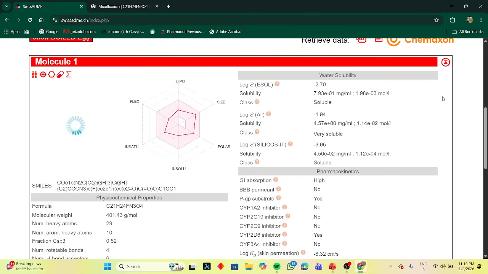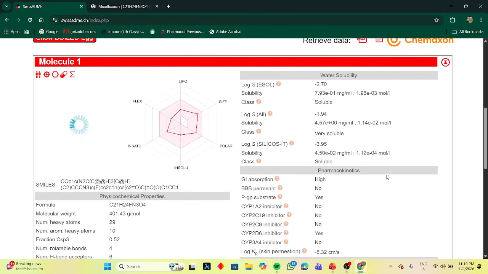So where is it soluble? It is soluble for GI absorption. When the drug goes inside our body, it starts to dissolve. First it dissolves, then it gets disintegrated, and it flows into the blood. There is one terminology, bioavailability, which is the amount of the drug that reaches the blood circulation.